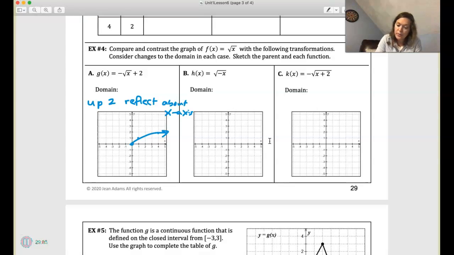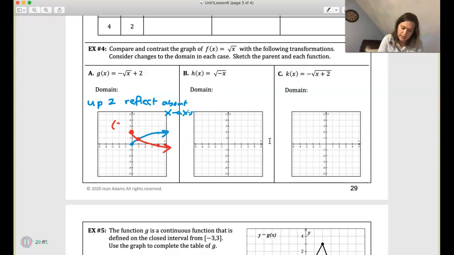So I'm now going to shift it. The red's going to be our final answer. I'm going to shift it up 2 units, right? And then I'm going to reflect it about the x-axis. So that means we're going down instead of over. So I'm going to go down 1 over 1, and I'm going to put this guy right here. So there is our graph.